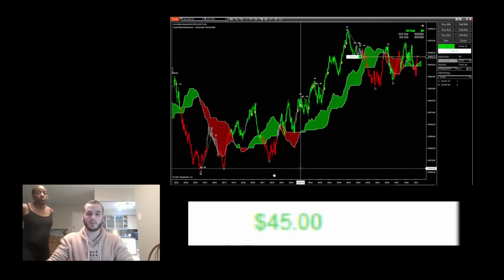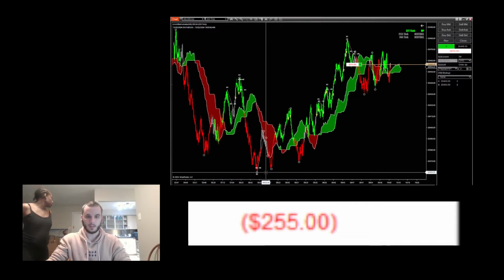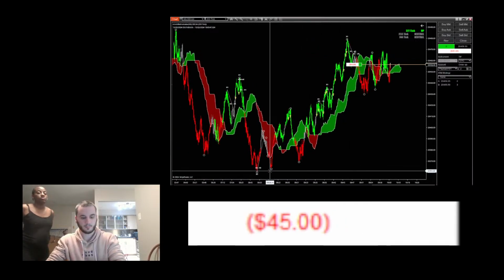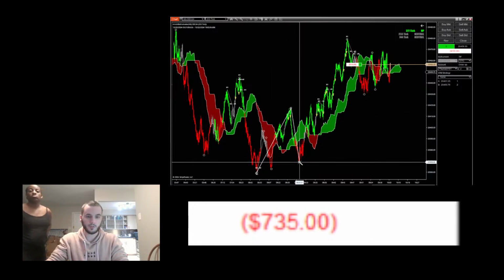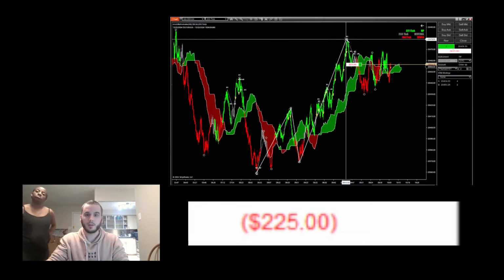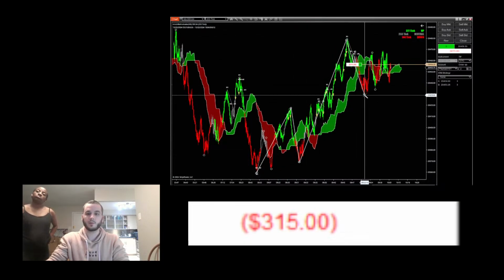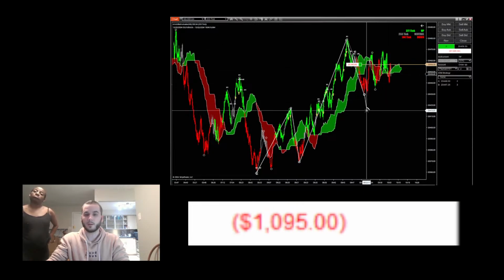And so this is the actual wave theory. The way you look at it is, this would be your first impulse wave and correction down, next impulse wave, correction down, and then the third wave, higher.